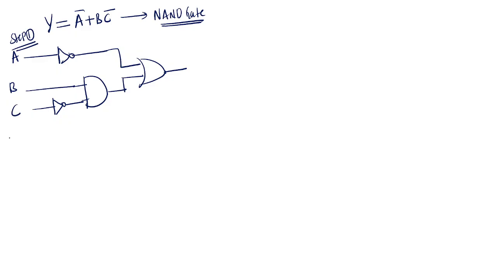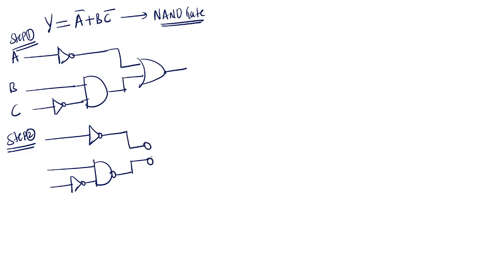What is step 2? You need to add the bubble at the output of the AND gate and add the bubble at the input of the OR gate. So this is the AND gate, I'm adding the bubble at the output of this one, and here you are adding the bubble at the input of the OR gate. After that, wherever you added the bubble, you need to add the inverter.